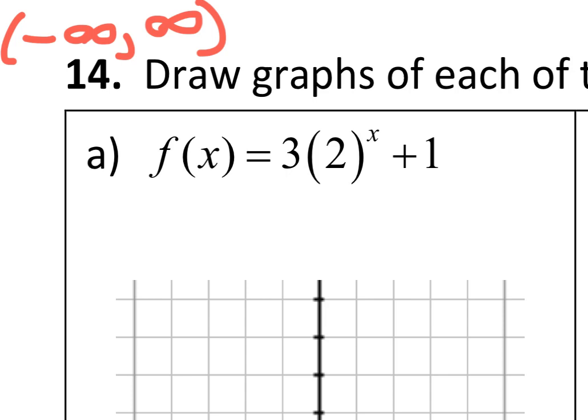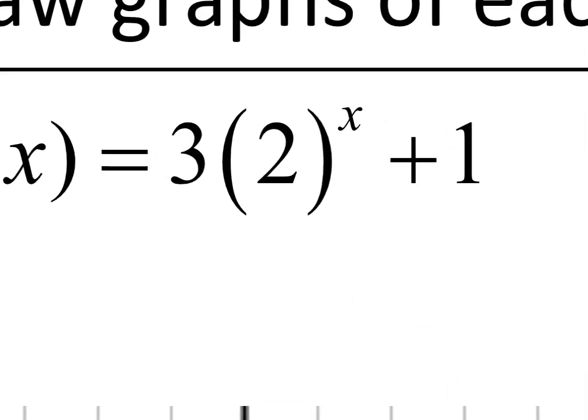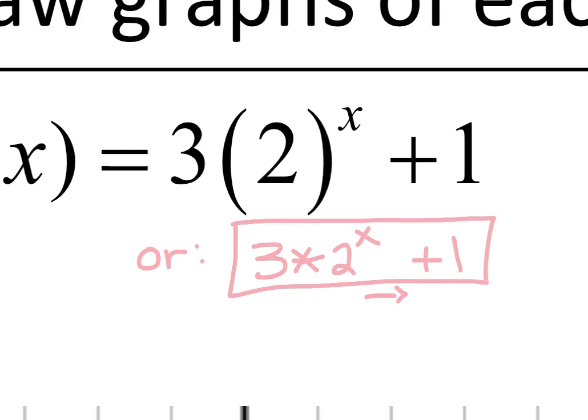In y equals, if you wanted to type this with a dot instead of parentheses, you can type 3 times, and it'll give you the asterisk, and then 2 to the x power. Use the caret to get the x. Remember that you have to then right arrow to type +1. And so put this in y equals, y1 equals, all of that.